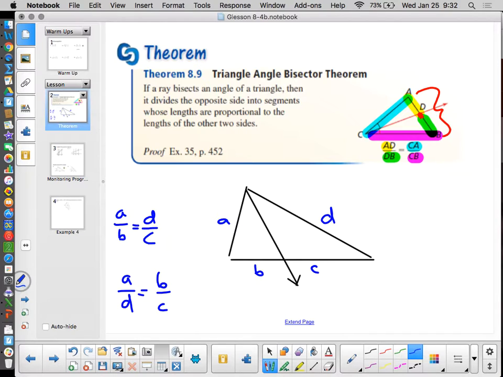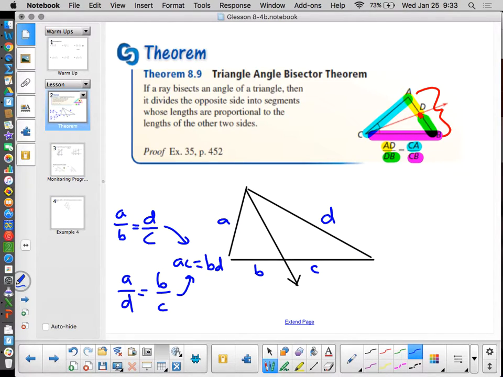A over D equals B over C. It doesn't matter which way we set it up, because notice either way, when I cross multiply to solve my proportion, I wind up with AC equals BD. So both of these lead to this next statement.